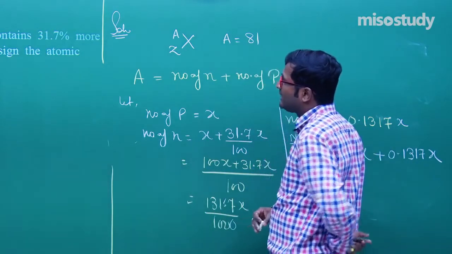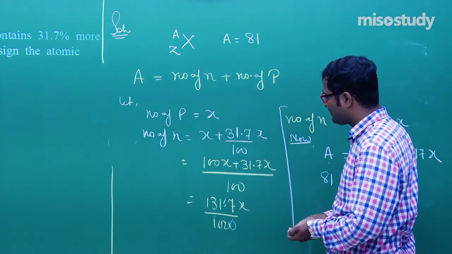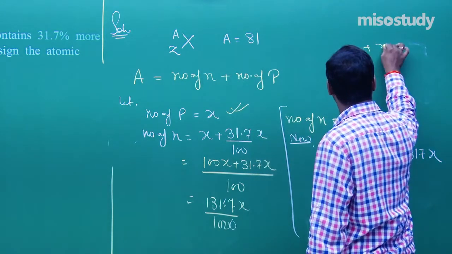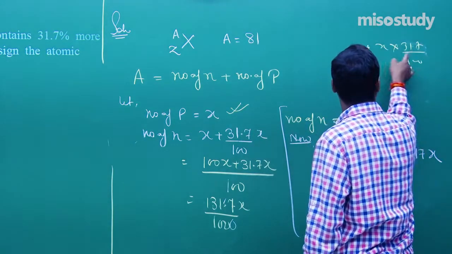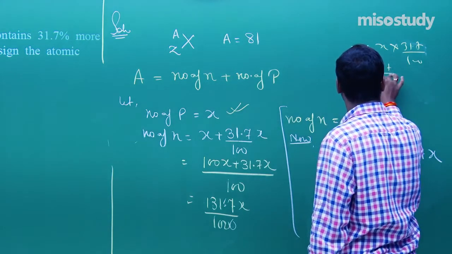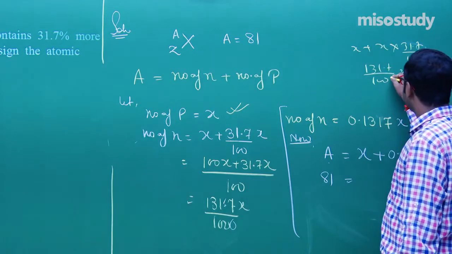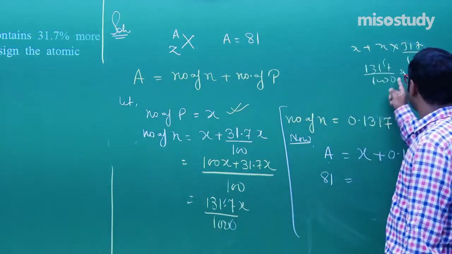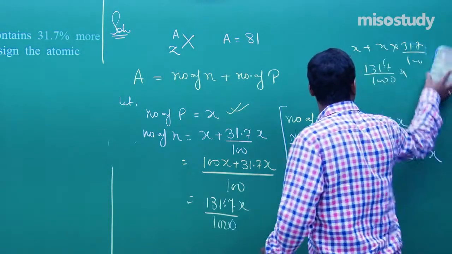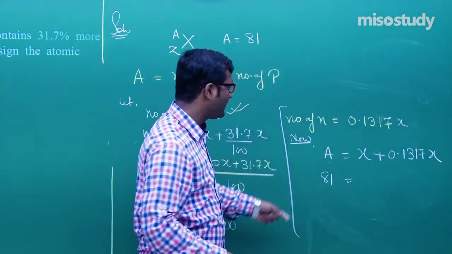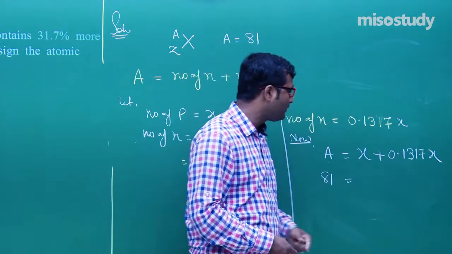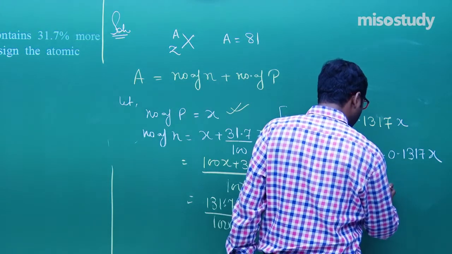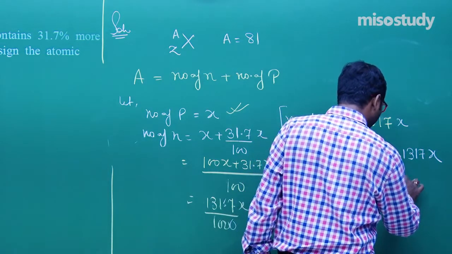Let me check the calculation once again. Number of protons is X. X plus X into 31.7X upon 100, that is 131.7X upon 100. Now the mass number 81 is X plus 0.137X, which will be equal to 1.1317X.